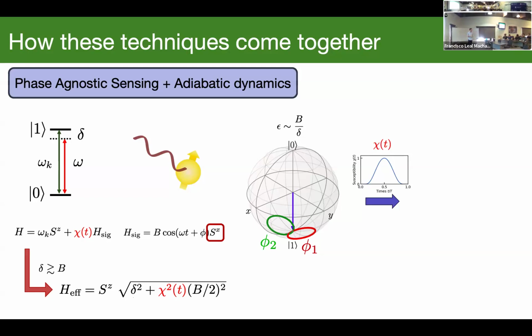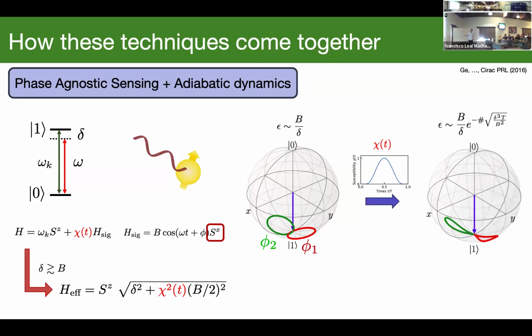It turns out that if you choose this to be very, very smooth, as probably all the experimentalists here know, you shouldn't just turn on things, you should do it smoothly. You can actually guarantee that the state goes out and comes back with exponentially small error in the process.